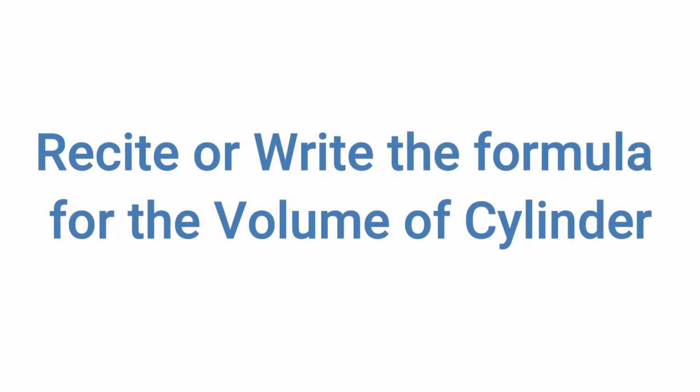We need to know that in order to derive the volume of the cone. So we must have knowledge of the volume of a cylinder and the formula that can be used to ascertain it. Now let's get right into our activity.